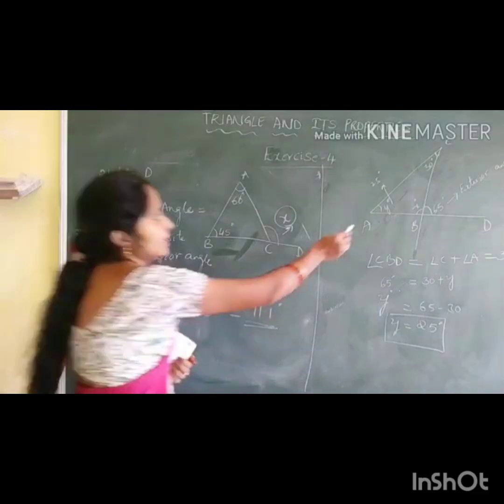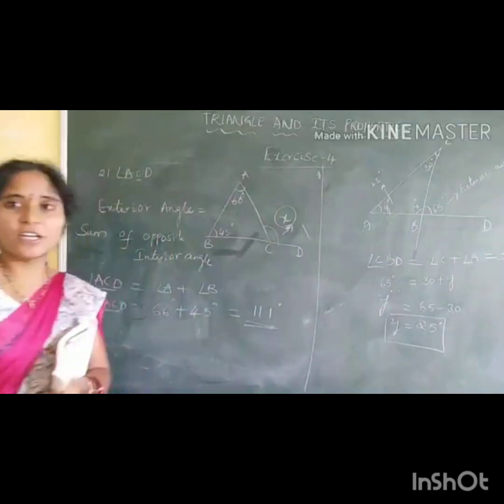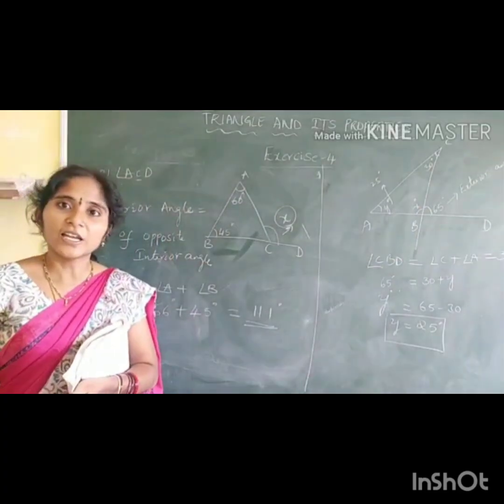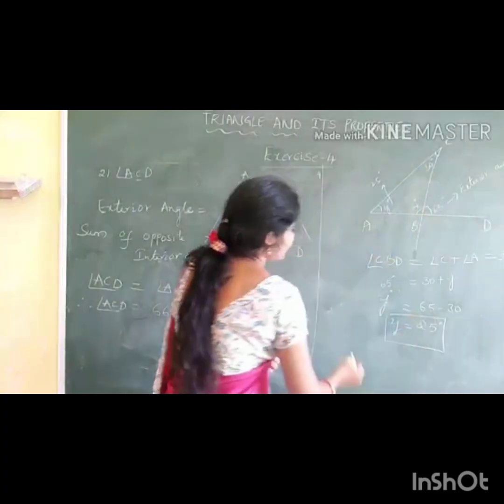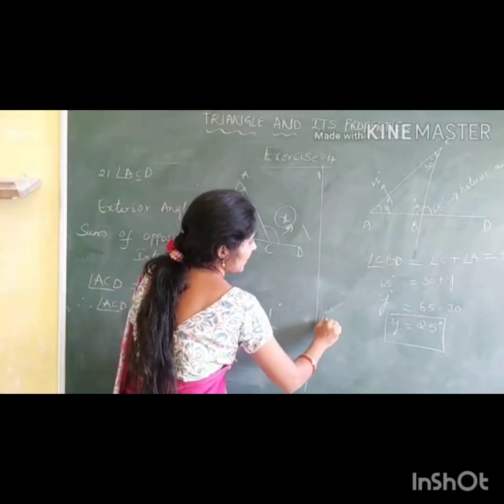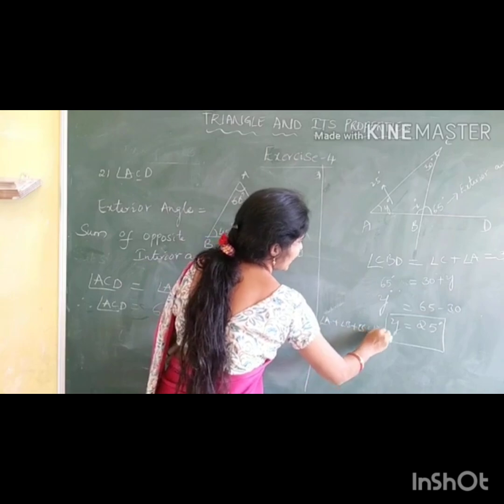So here x and 65 are adjacent angles forming a straight angle, meaning 180 degrees, then those are said to be a linear pair. Otherwise, the sum of three angles in a triangle, angle A plus angle B plus angle C, is equal to 180 degrees.